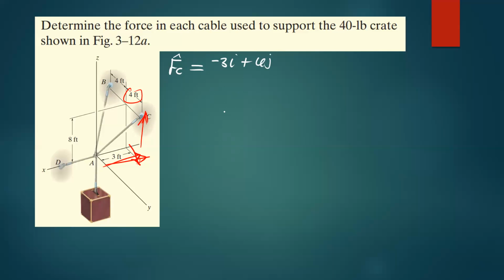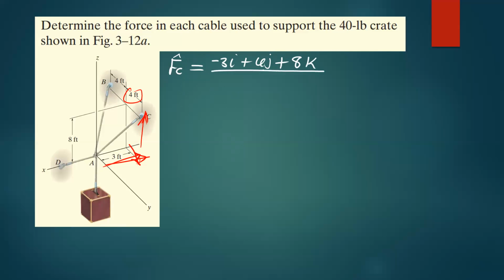And in the Z axis, it's moving 8 units going up, towards the positive Z axis. So we say plus 8k.